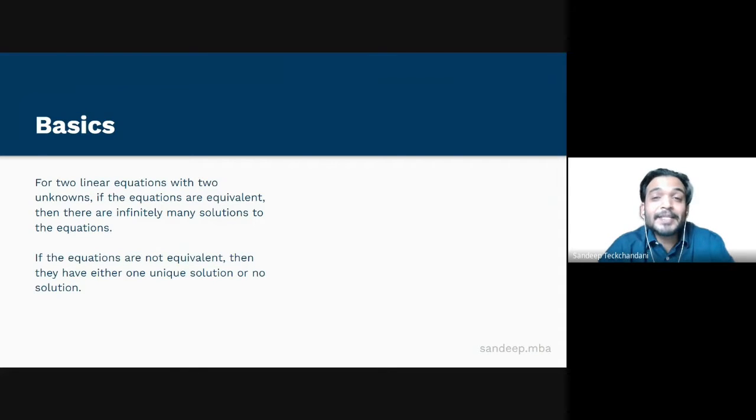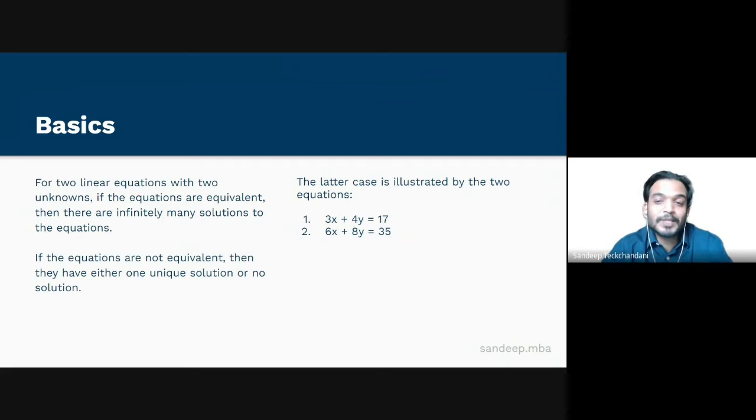The latter case is illustrated by the two equations. The first equation is 3x plus 4y is equal to 17, and the next equation is 6x plus 8y is equal to 35. Note that 3x plus 4y is equal to 17 implies 6x plus 8y is equal to 34, because 3x times 2 is 6x, 4y times 2 is 8y, 17 times 2 is 34.